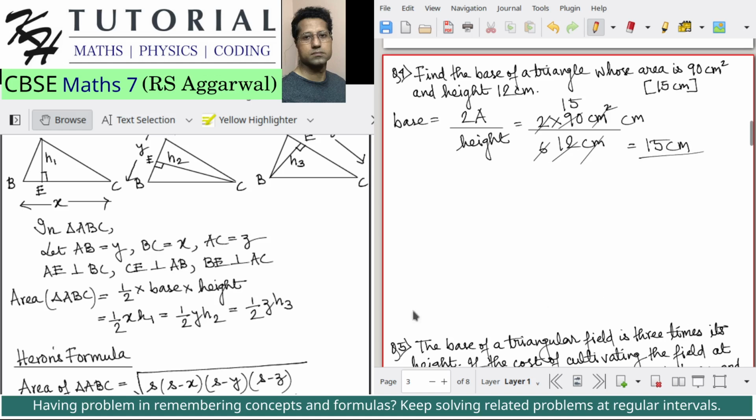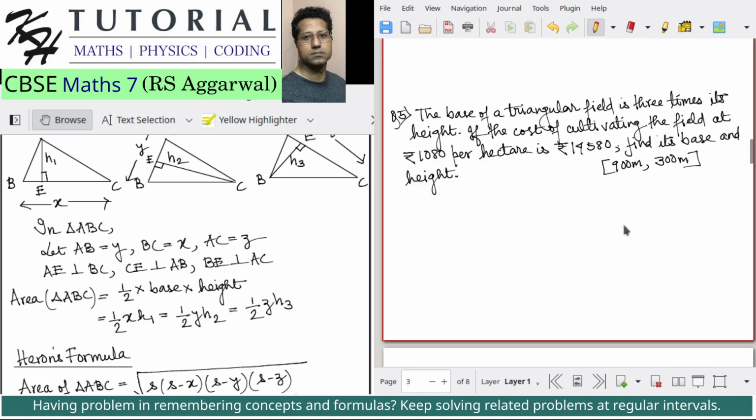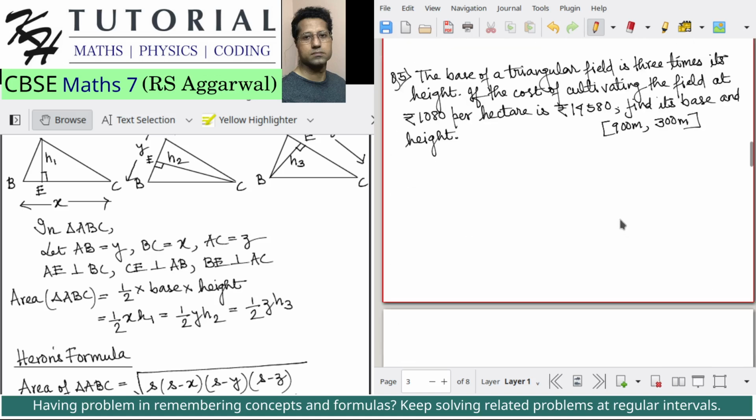Okay. Let's see the next problem. Question number 5. The base of a triangular field is 3 times its height. If the cost of cultivating the field at rupees 1080 per hectare is rupees 14,580, find its base and height. Now I am not really sure about the unit of hectare.